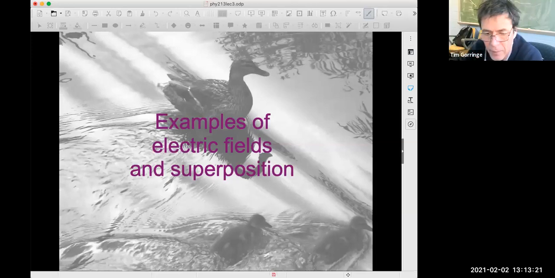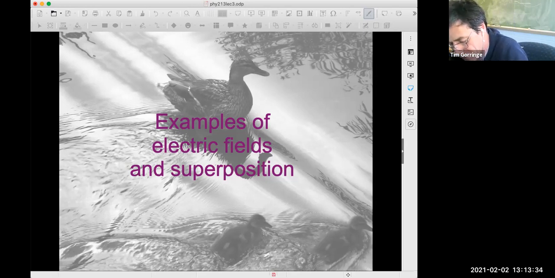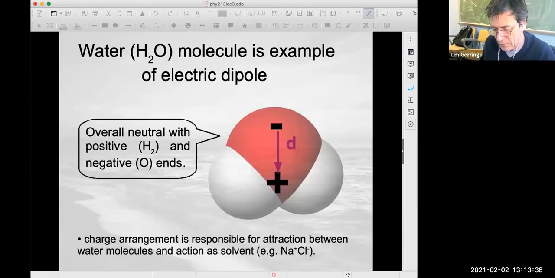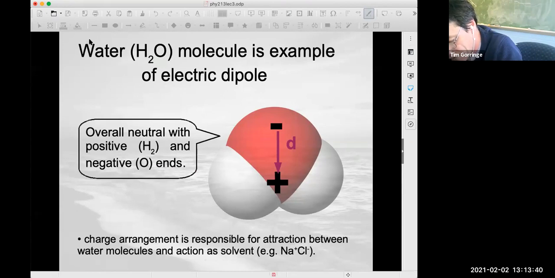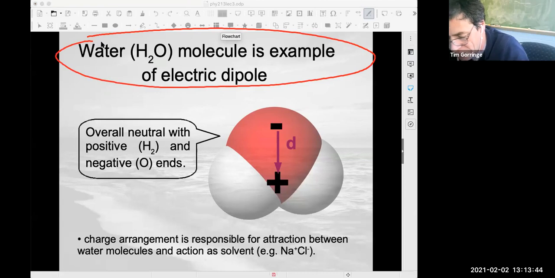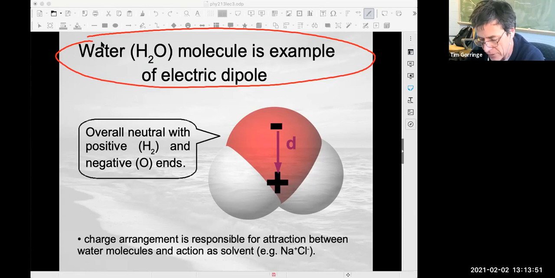So let's look at a couple of examples of superposition of electrical fields. And this first example I want to look at involves the water molecule. A water molecule is an example of this type of electrical field.